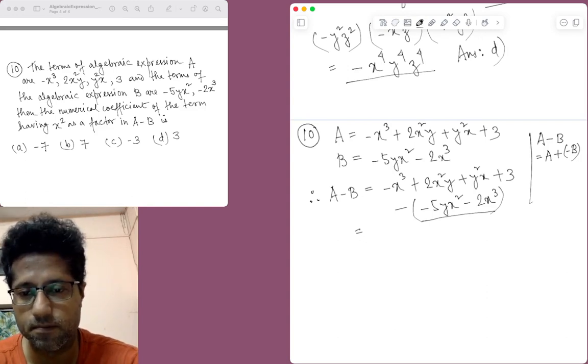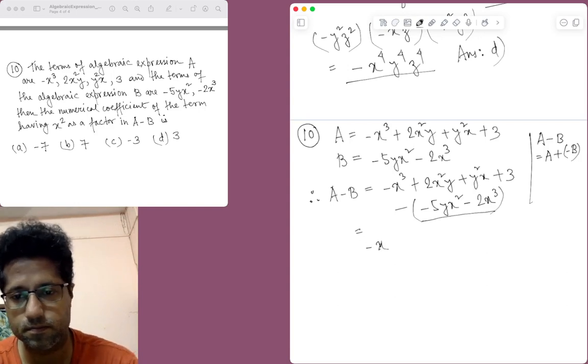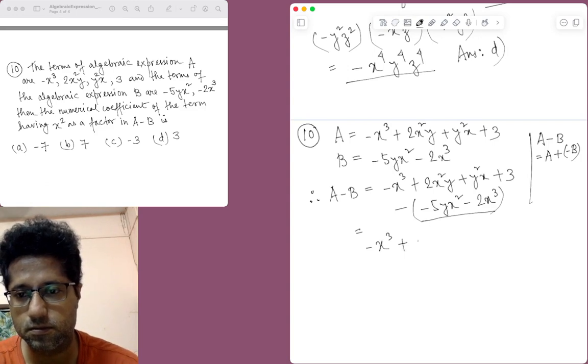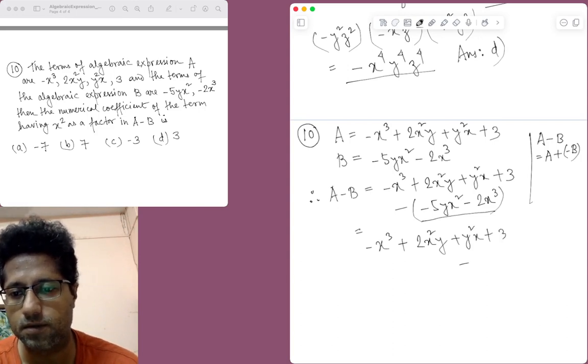So this will become minus x cube plus 2x square y plus y square x plus 3 plus 5x square y.